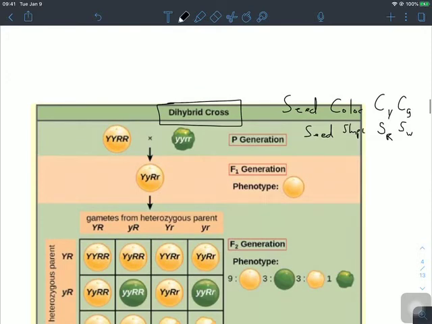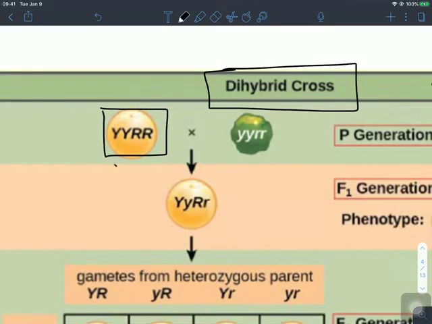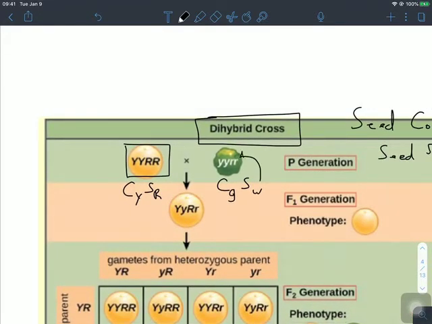In looking at this dihybrid cross, you have a parent that's true breeding for color yellow, shape round, and color green, shape wrinkled. They're using lowercase and uppercase here, but again, we can follow the nomenclature. The F1 is a hybrid, but it looks round and yellow.